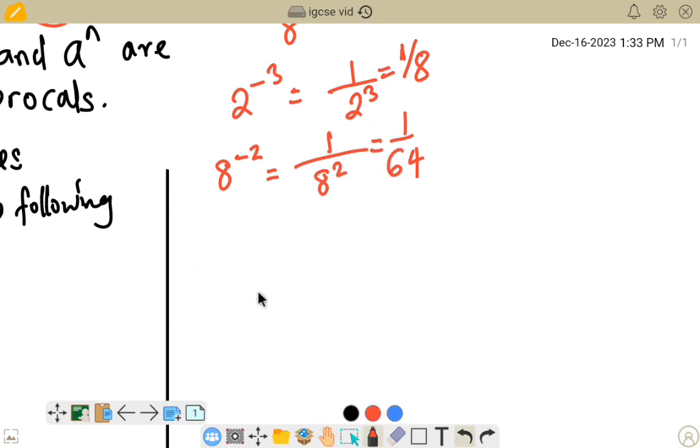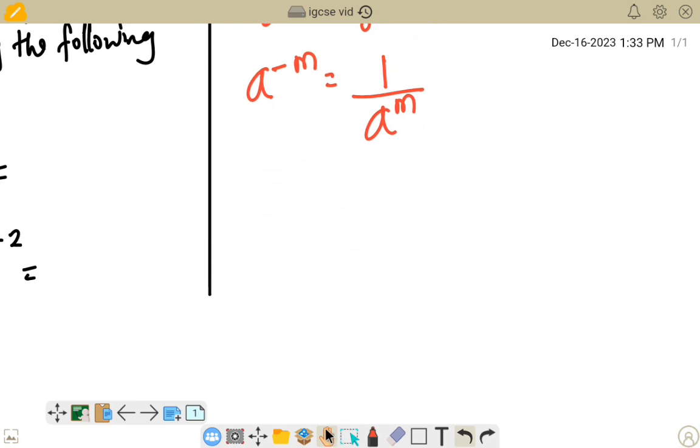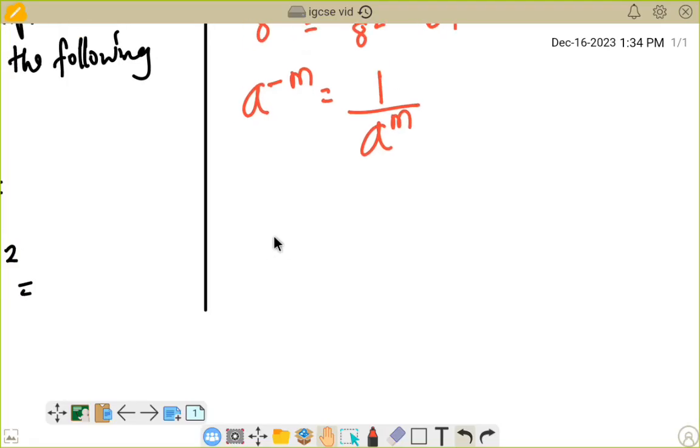You can also work with variables apart from numbers. So a raised to the power minus m is the same thing as writing 1 first over the same thing but without the negative sign. That will give you a raised to the power m. It also works if the base is in ratio form.